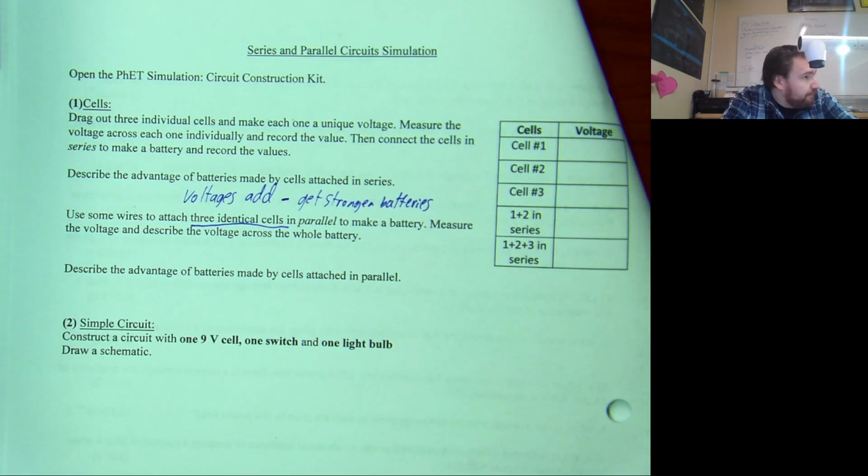What did you guys find? They don't add. In fact, what's the total voltage? If I had 3 9-volt batteries attached in parallel, what did you guys find the voltage to be?